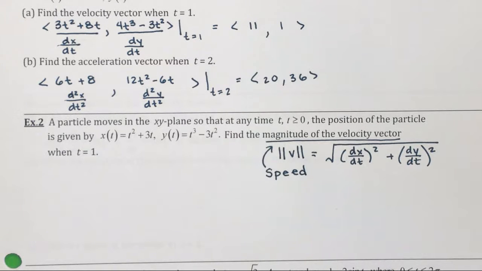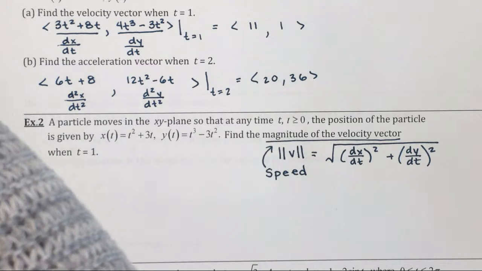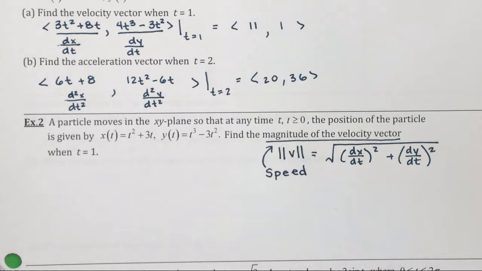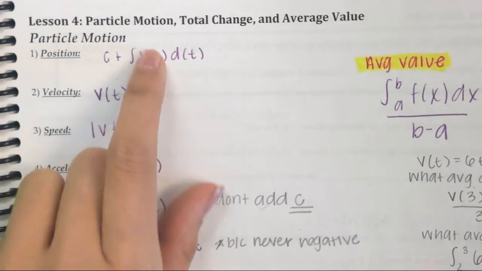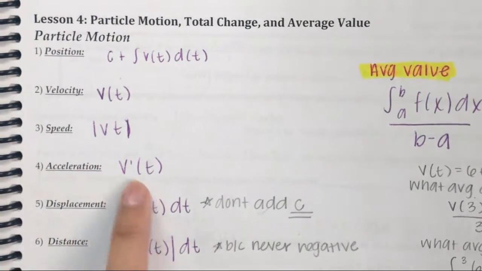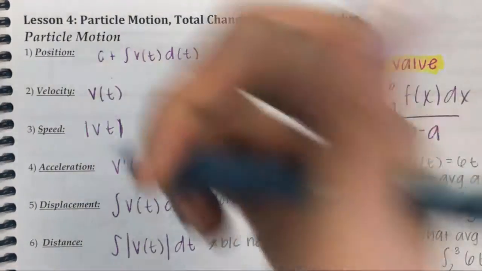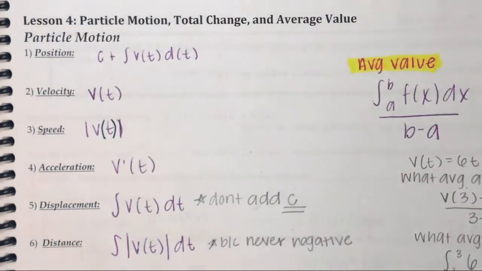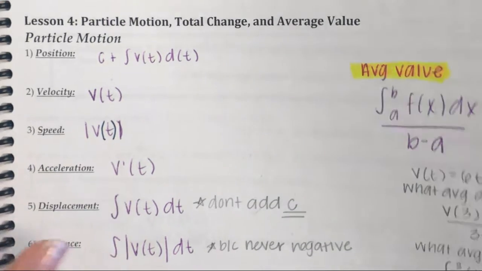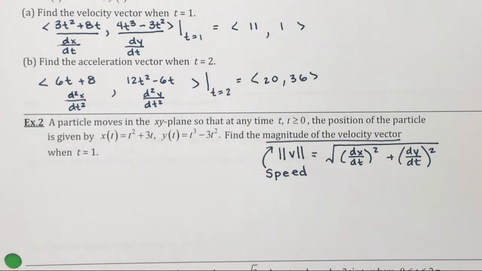If you remember back in the day, when we were doing just one directional movement, in like unit 1 or 2, where we had particle motion in one direction, speed was the absolute value of velocity, right? Well, you can kind of think of this in a vector form.